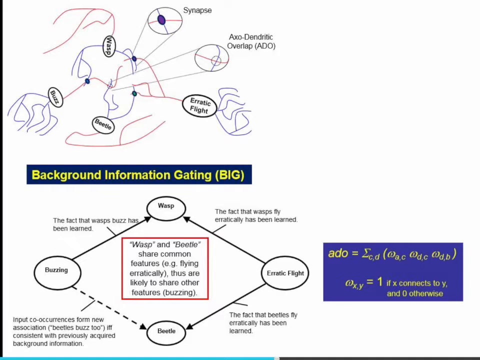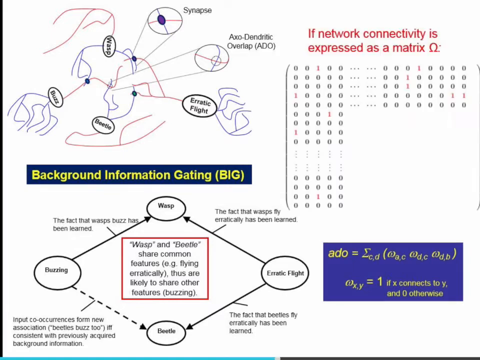And the nice thing about this is that if you remember your linear algebra, you can express this very easily with the matrix formulation. So if now you create a matrix that is basically a connectivity matrix, where all your presynaptic neurons are rows, all your postsynaptic neurons are columns, and 0 means that 2 neurons are not connected, and 1 means it is connected.